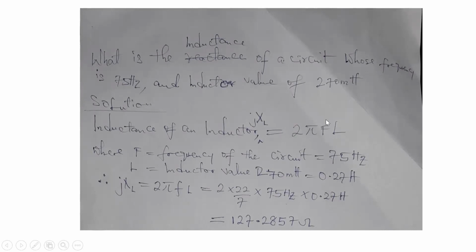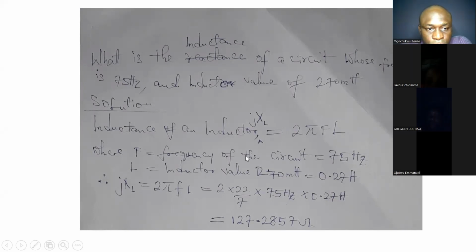I showed you how we got the 2πf to be omega. So we have the frequency given to us as 75 Hz, and we have the inductor value as 270 millihenry. Then when we apply this formula, we know that π is 22/7. Then we put our frequency 75 Hz and our inductor value, which is 0.27 Henry.